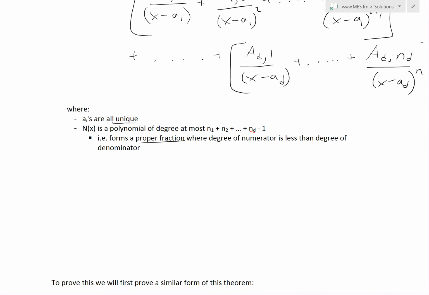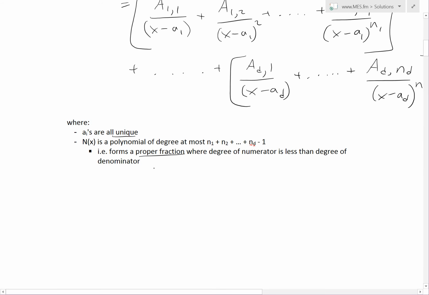So for example, let's call this n of x at the top, and the bottom is x minus 1 squared, x minus 2, or x minus 3 cubed. Because we're multiplying it out, the degree at the top has to be less than the degree at the bottom.